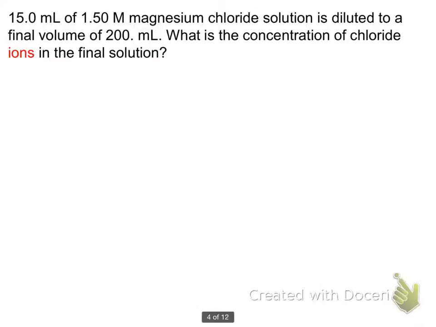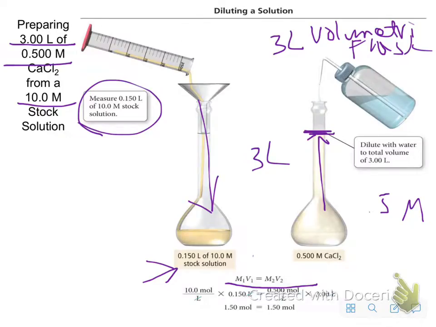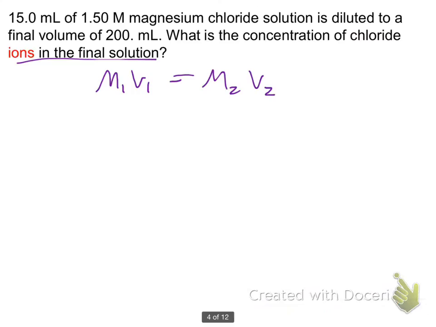Alright, so let's take a look at this problem. I have 15 milliliters of a 1.5 molar magnesium chloride diluted to a final volume of 200 milliliters. What is the concentration of chloride ions in the final solution? Let's start off by doing M1V1 equals M2V2. This is my concentrated solution, right?